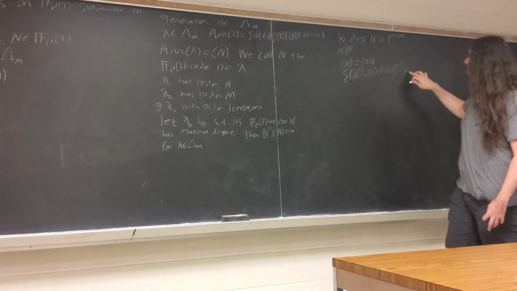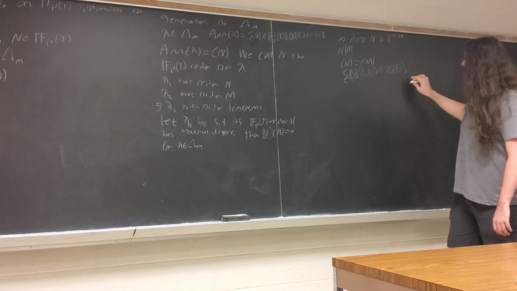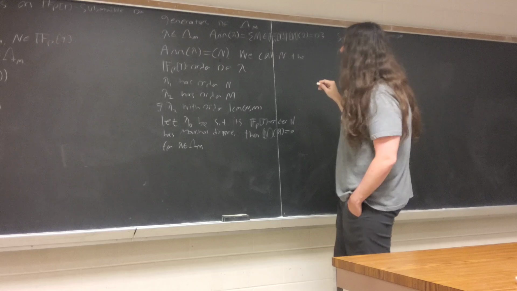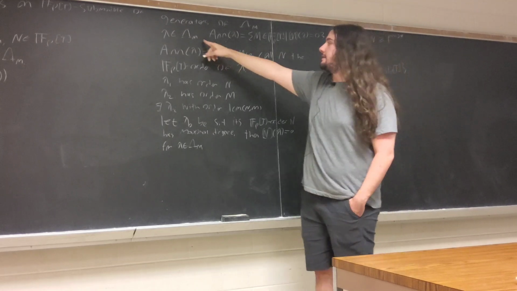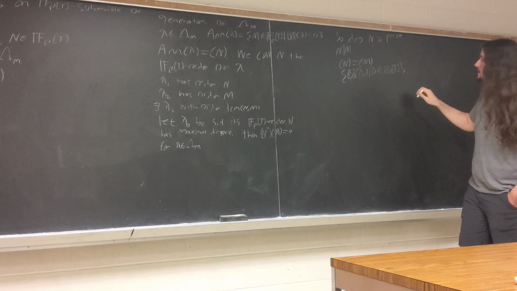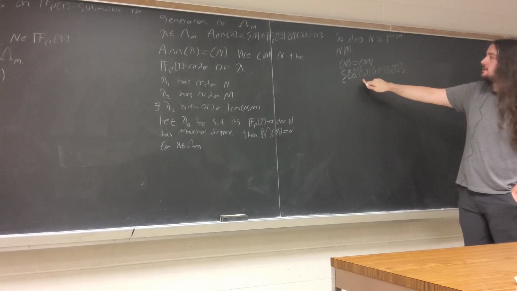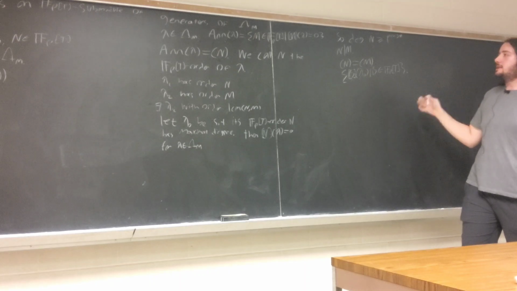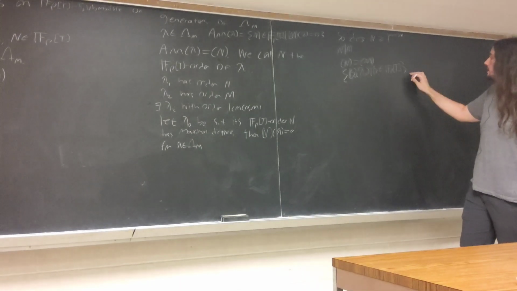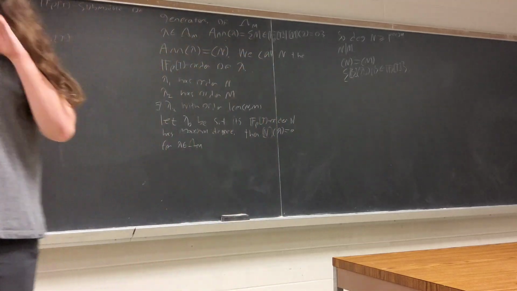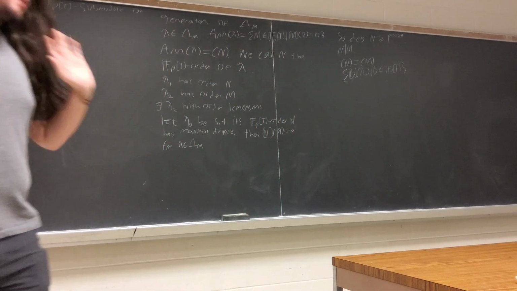And we're going to argue that this has the same size as this, and thus they're the same. So that's going to be the point here, is that this generates lambda m as a FPT module. And the way that we're going to argue that, I should just bring this over here.